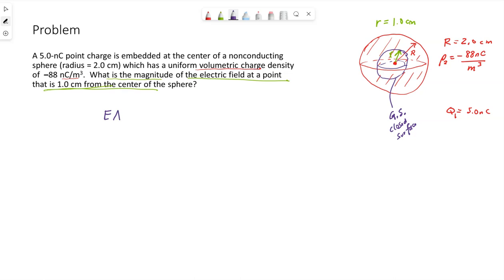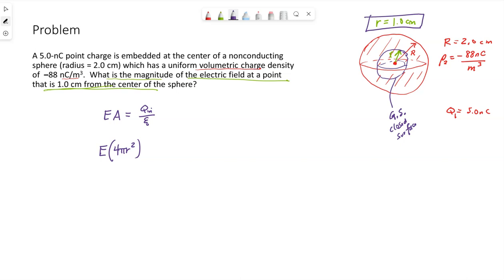So the flux, because we have the right symmetry going on, is both E times A and Q enclosed over epsilon naught. We're looking for E. A is the surface area of this Gaussian surface that we've drawn.